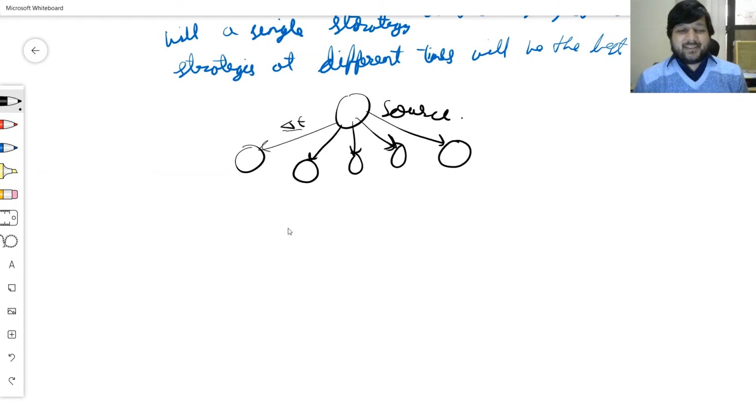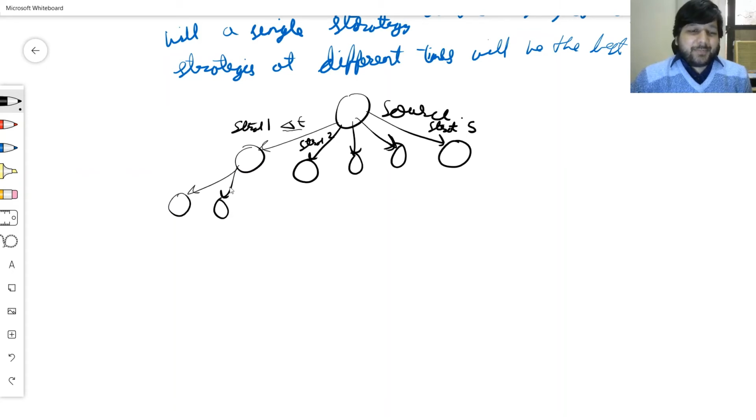If delta t is extremely large, you're doing a low resolution search. So that's by strategy 1, that's by strategy 2, that's by strategy, let's say S, last strategy. Then I again apply all strategies, strategy 1, strategy S, and similarly all others.